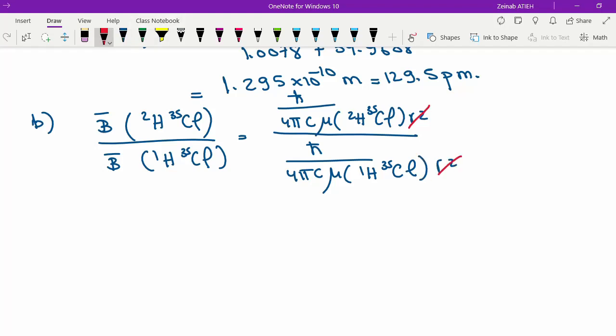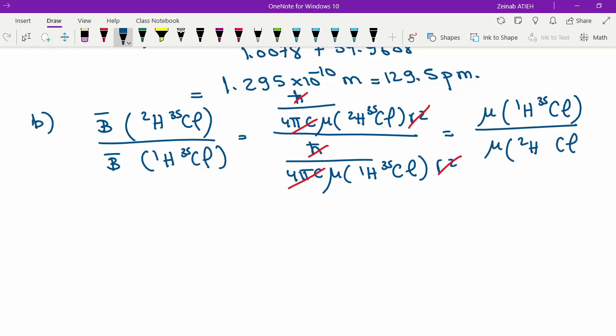R is the same, h bar is a constant, 4 pi c is a constant. We are left with the reduced mass. So mu for H1Cl35 over mu for H2Cl35.